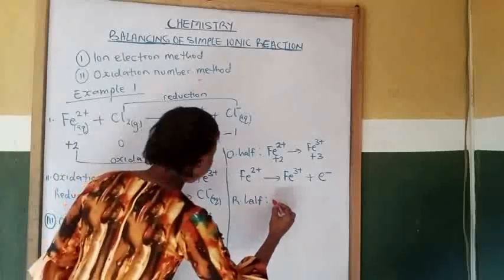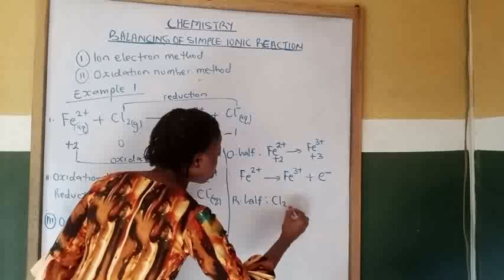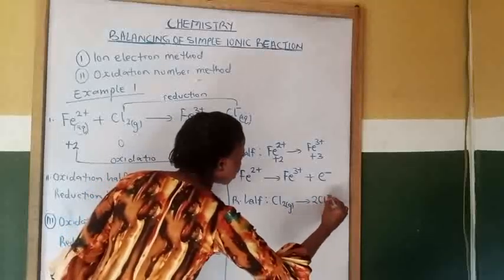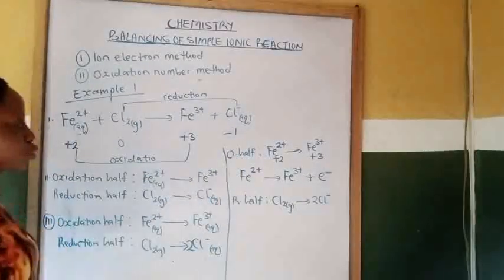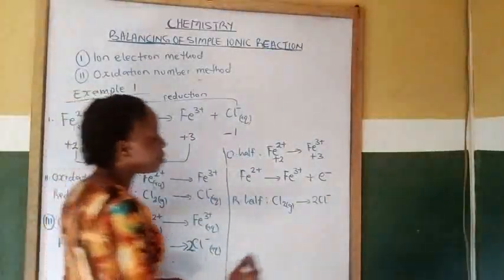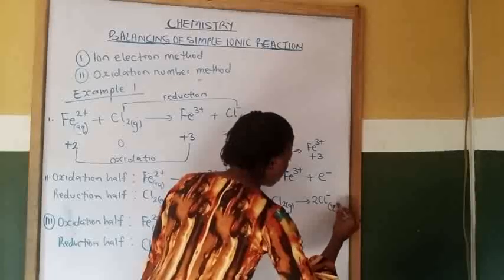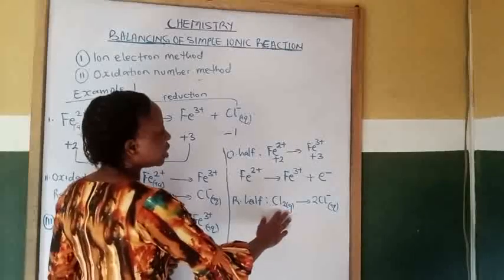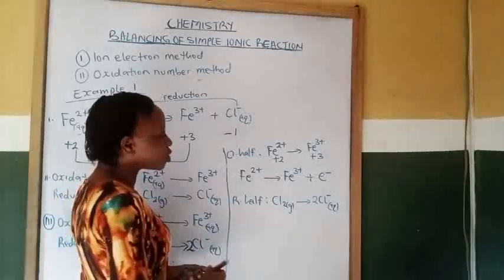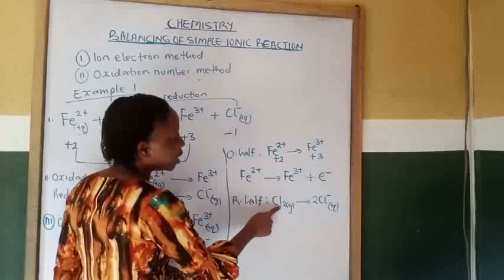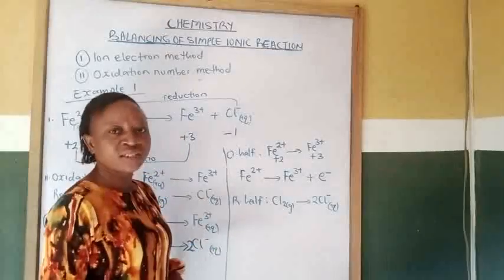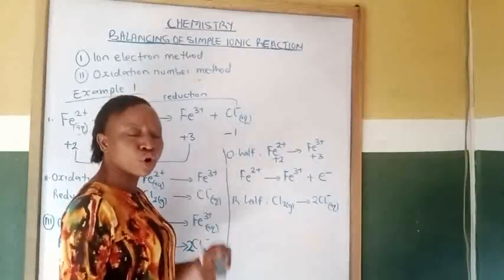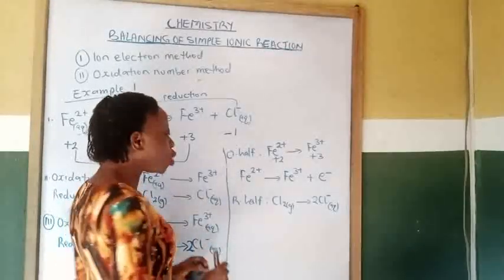At the reduction side, we have Cl2 equal to 2Cl minus. Now, let's write the oxidation number at both sides. Cl2 is a molecule, a gas, and the oxidation number of any molecule or free atom is equal to 0.